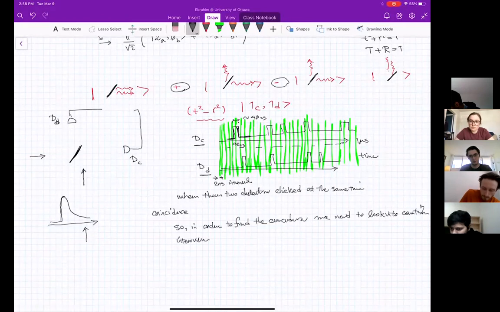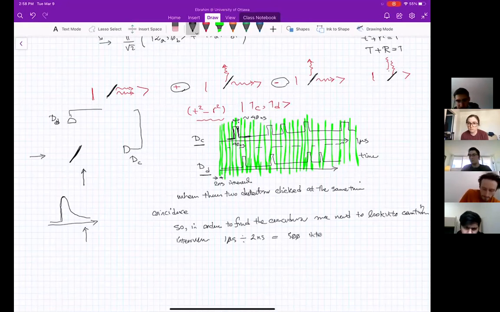If the time you are watching is, let's say, 1 microsecond, you divide 1 microsecond into 2 nanoseconds, and then you get certain discrete quantities, which I don't know, this can be 500 intervals. Correct me if I'm wrong. So essentially, you have 500 intervals.